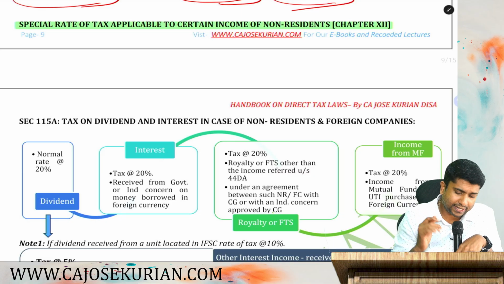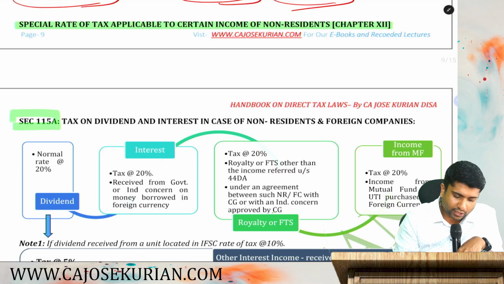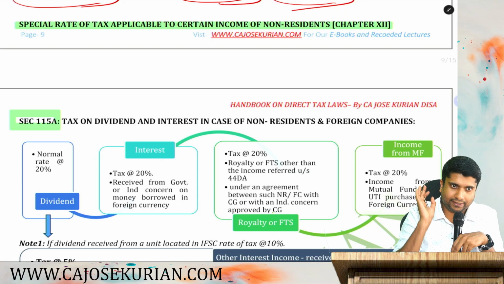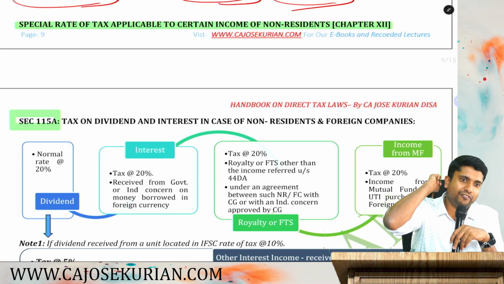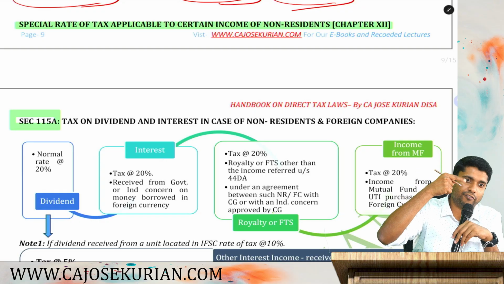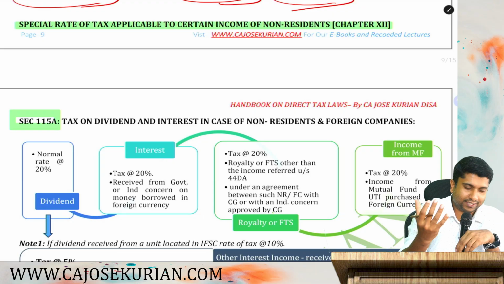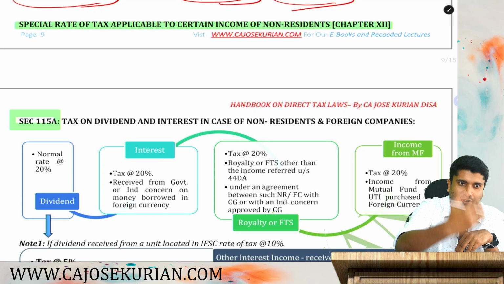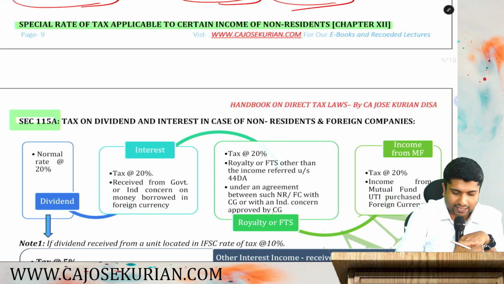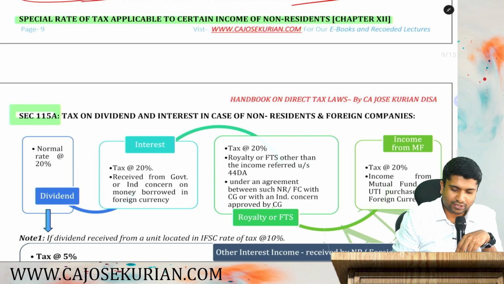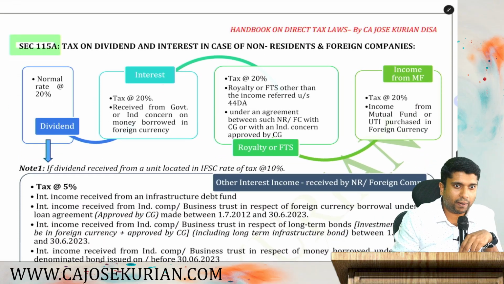Under that, the first section that we are about to cover is Section 115A. A small part of 115A we have already discussed under 44DA, that too a very small part. 115A is actually a humongous section with a lot of items to discuss, so we'll start our discussion one by one.